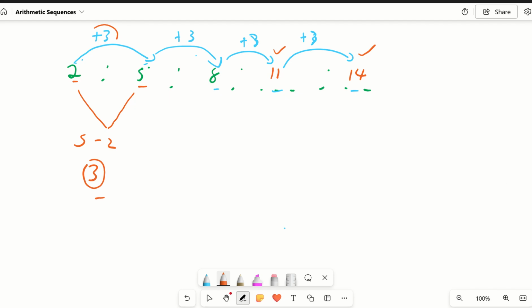This 3 implies that they added it onto the 2 to move to the next number. Let's do that for the 5 and 8. If you can't see how they move from 5 to 8, you simply go the next number minus the previous number, which gives you a 3. This is the number they added to get to the next number. So you see how you get that number if you can't see it immediately.